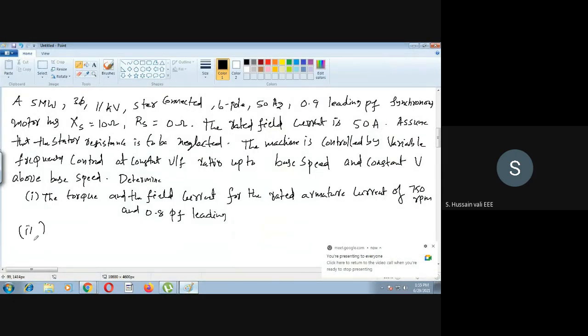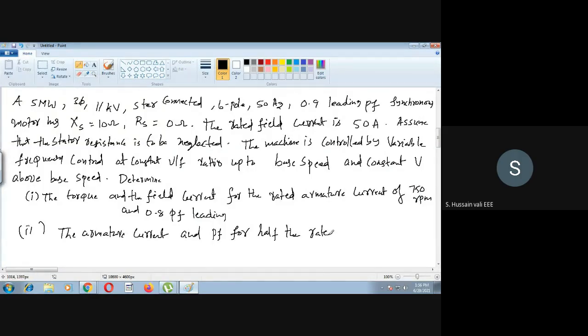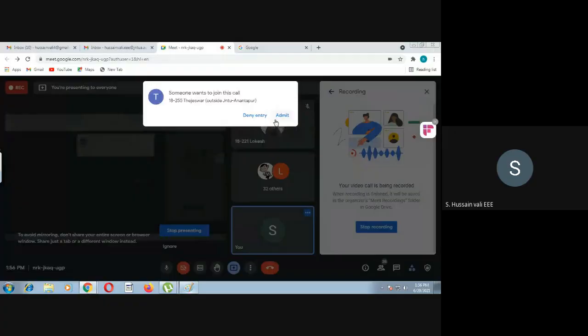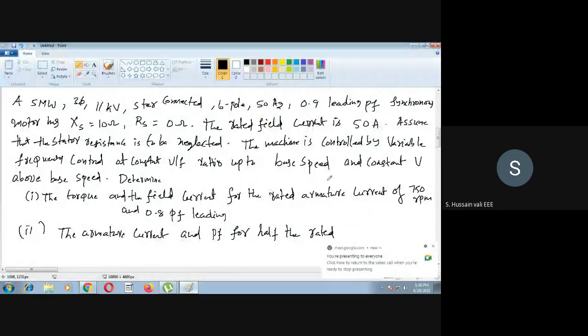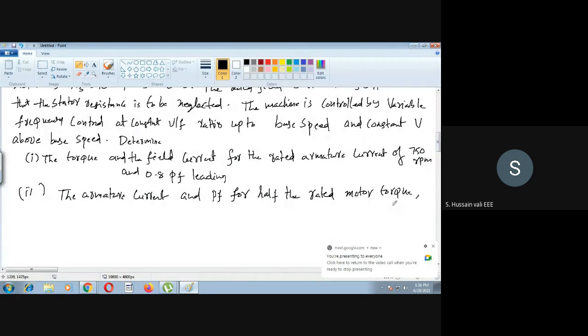Second question is the armature current and power factor for half the rated motor torque, at 1500 rpm and rated field current.